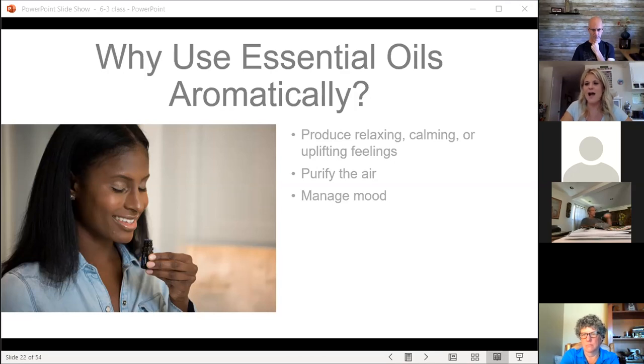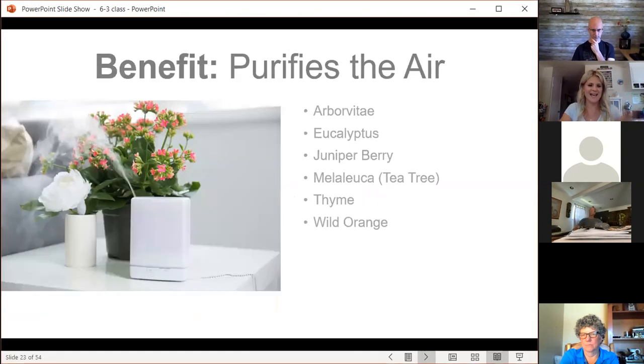I have a diffuser right there going. Because I get pretty super excited, I put in a grounding oil for me because this is my first Zoom class, and I wanted to bring that energy and make the atmosphere around me more calm and stable.